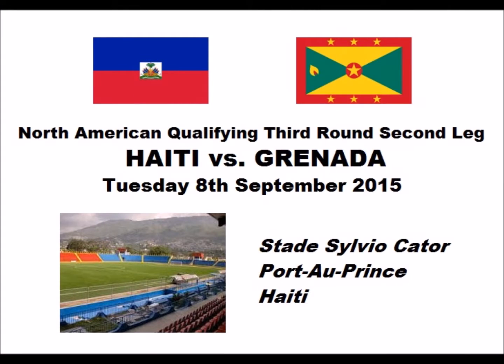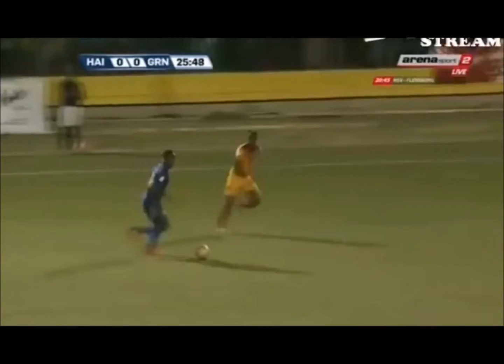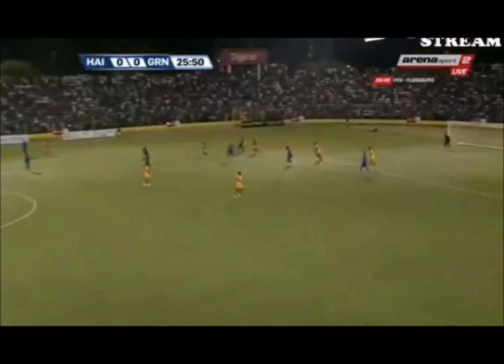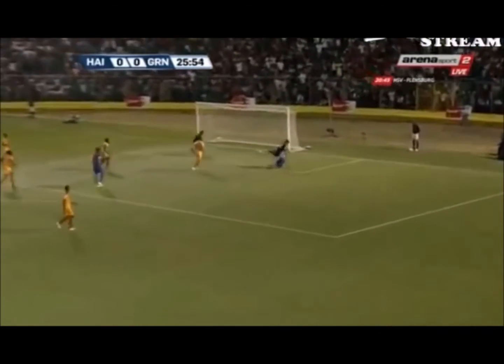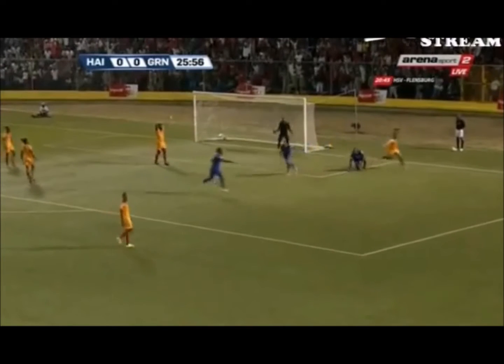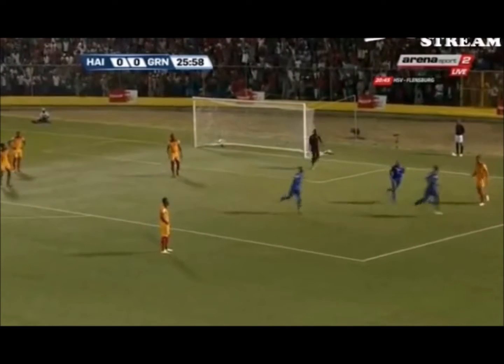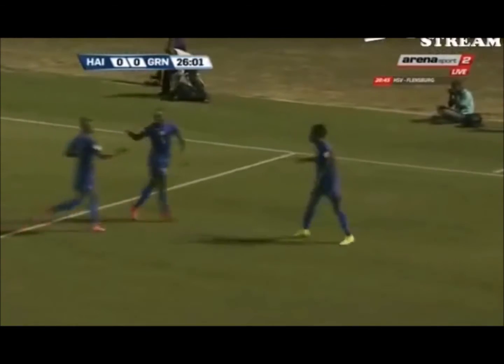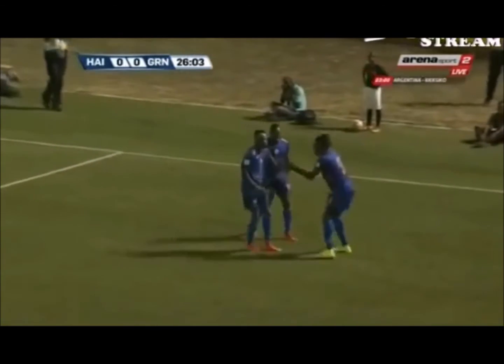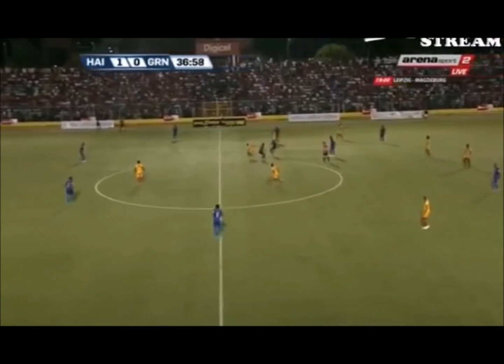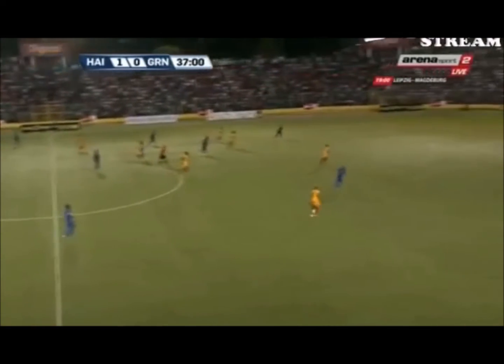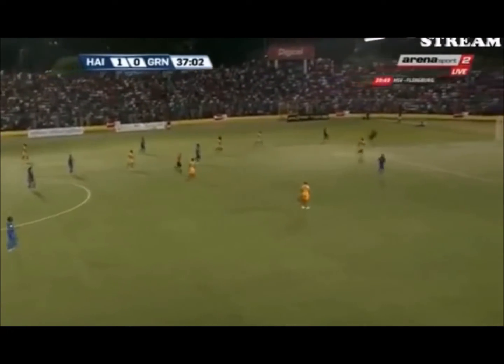The second leg was at the Stade Sylvia Couture in Port-au-Prince in Haiti, and Haiti continued where they left off when Guerrier scored in the 26th minute, stealing it off his teammate. The scoring continued in the 38th minute when Nazon got his second in 2 games, which meant he also got to do another little dance.